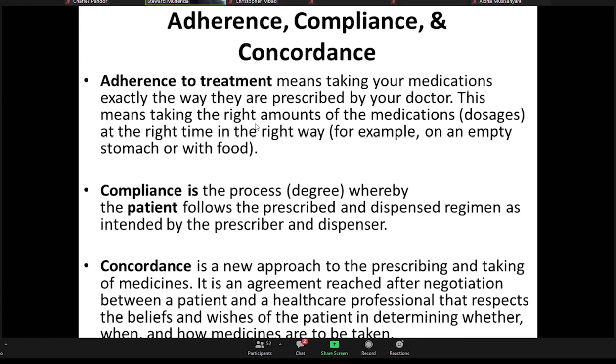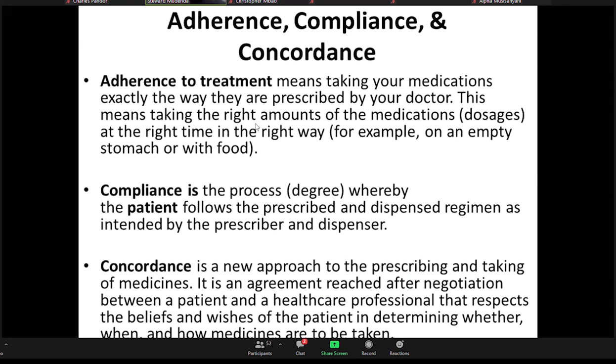Compliance is a process or a degree, meaning it's measurable. The patient has to follow the prescribed and dispensed regimen intended by the prescriber or dispenser, meaning they follow what they have been told.